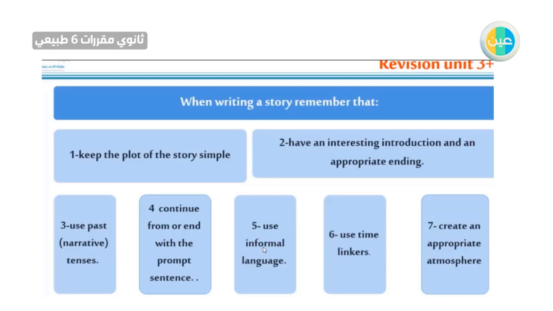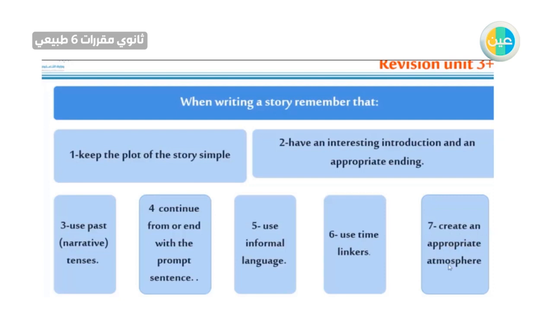It's about something happened to you and your friends, something funny. So it's not formal. It is informal. It's not official. Okay? Use time linkers for sure. Join the whole story to be one good story. You have to use time linker.